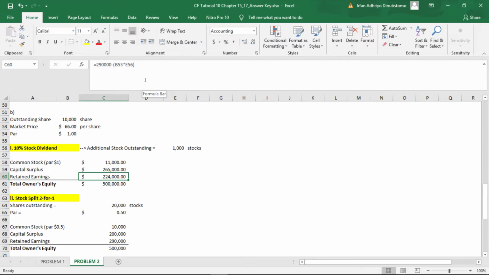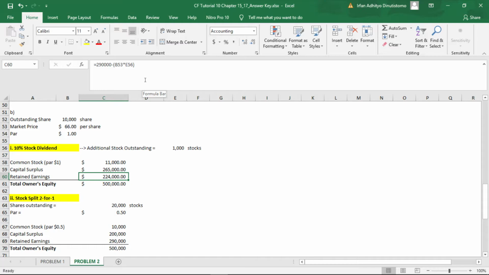As you have learned, the dividend is paid out from net income. So they have retained earnings of $290,000, and if they pay a stock dividend in terms of the capital surplus, it will decrease the retained earnings.